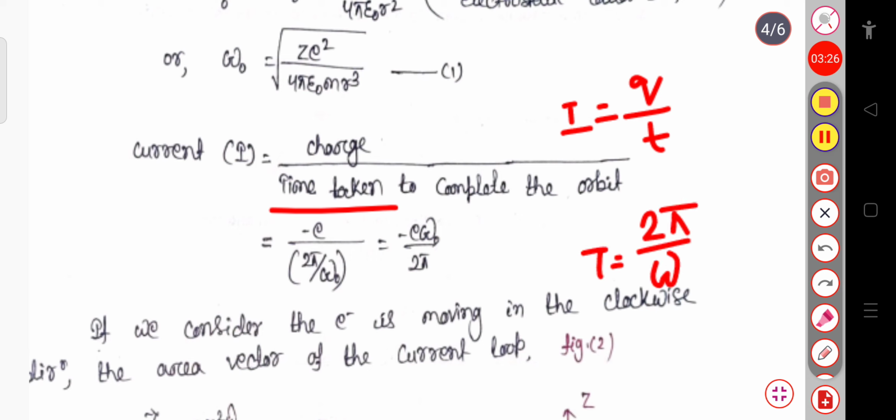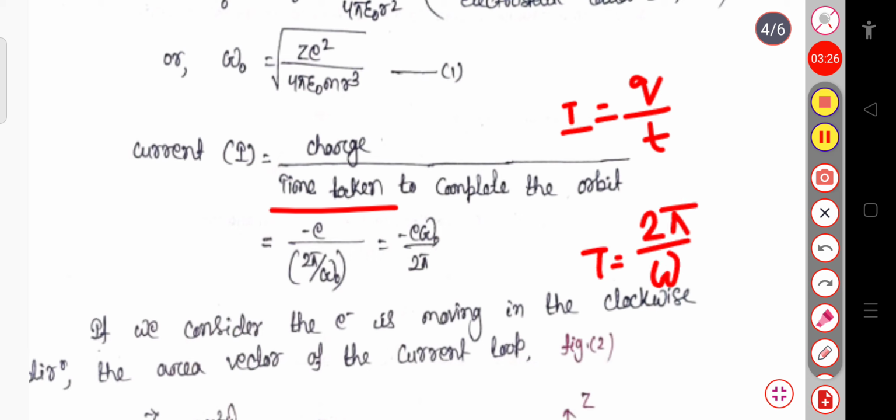Now if we consider the electron is moving in the clockwise direction, then the area vector of the current loop, in this diagram you can see this is the circular loop and the electron is revolving in this direction.